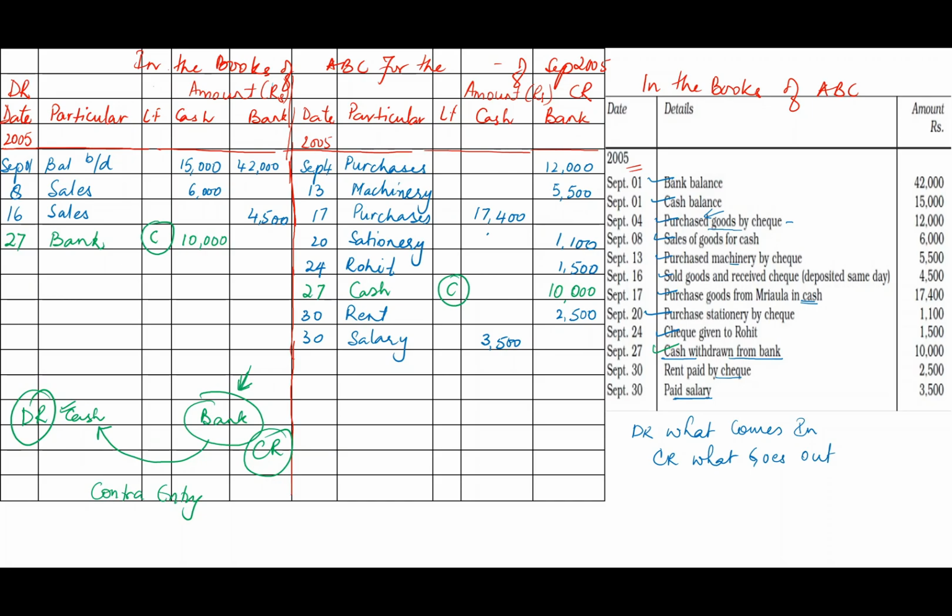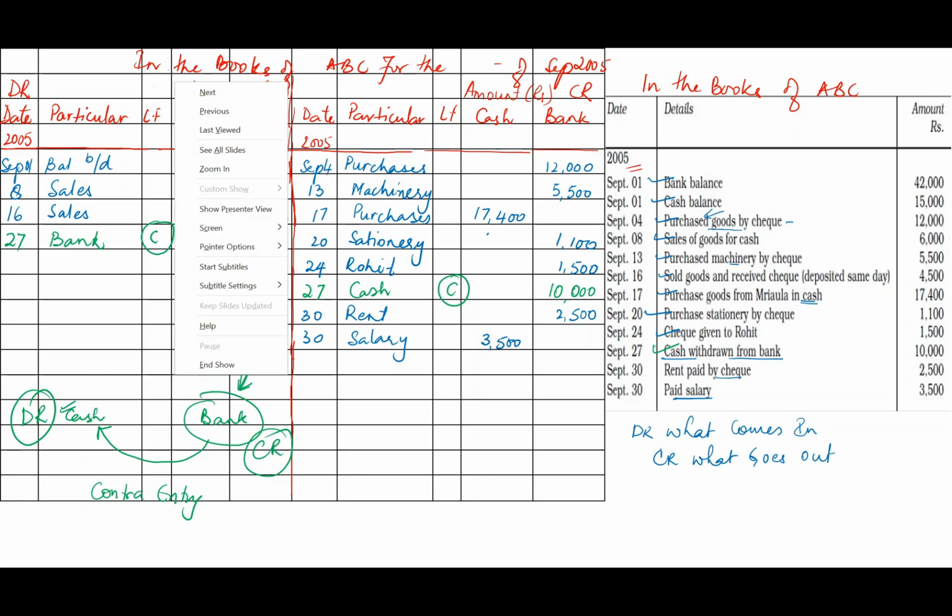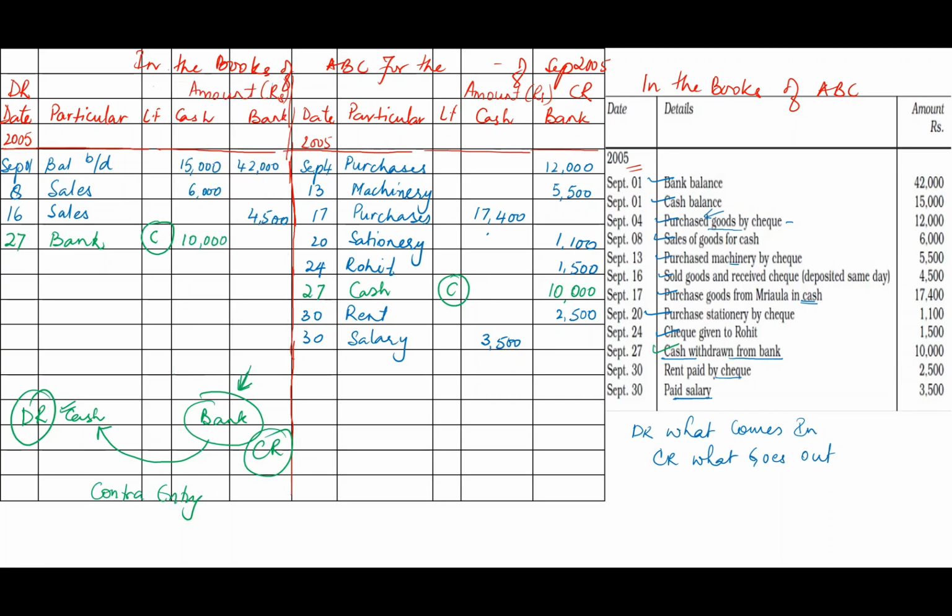Alright, now I will balance it. So let me just balance this here. I will use this column. I would erase it, okay, since you have understood. Now let me total this up.